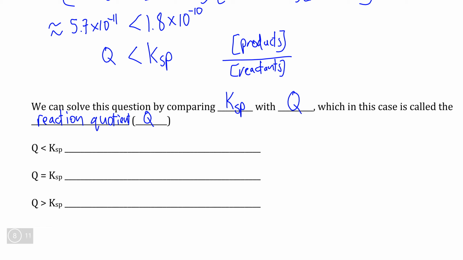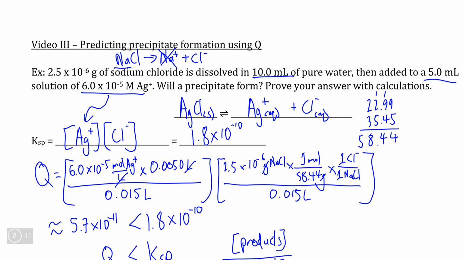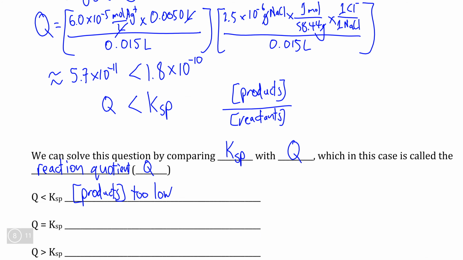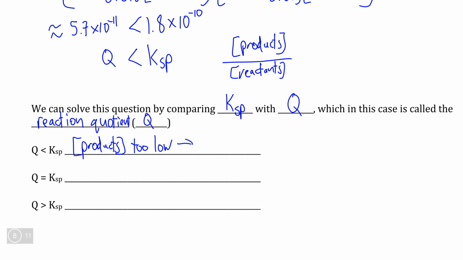So in this case, if Q is less than KSP, that means that our concentration of products is too low. And if the concentration of products is too low, that means that we don't have enough ions in solution in order to be at equilibrium, and therefore our solution is unsaturated.